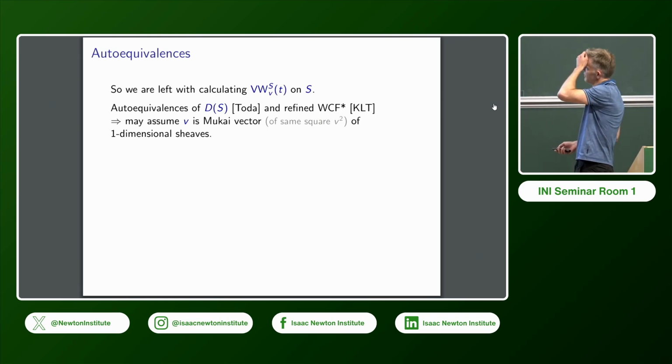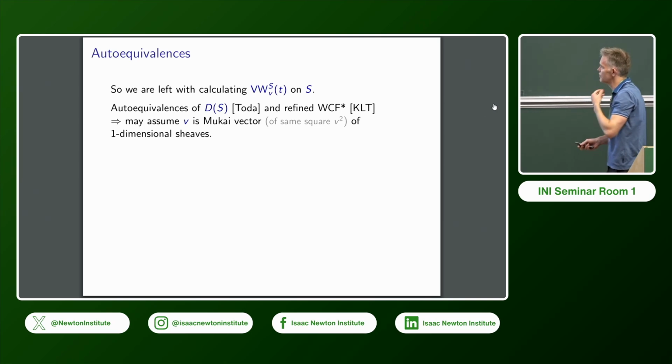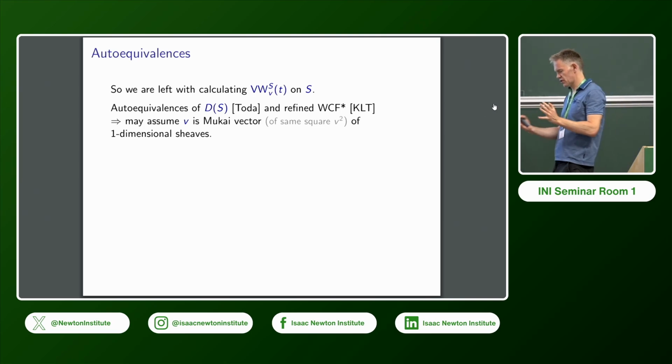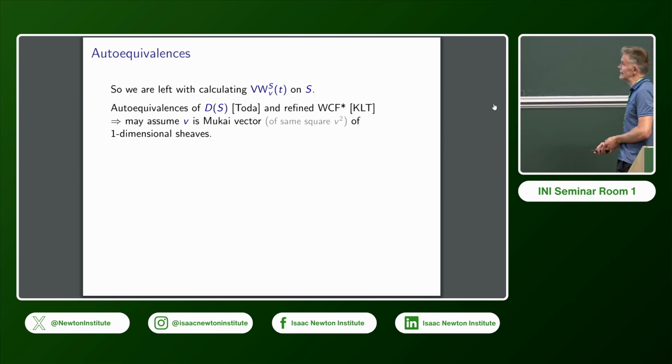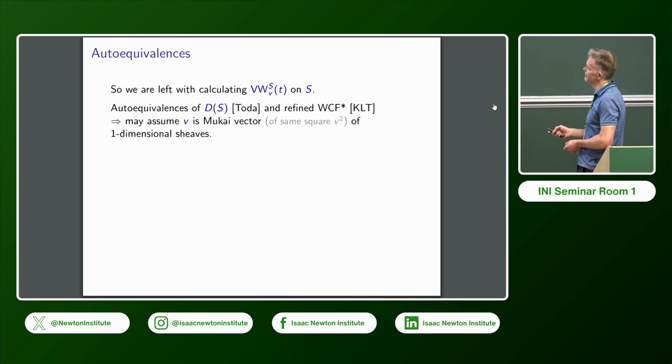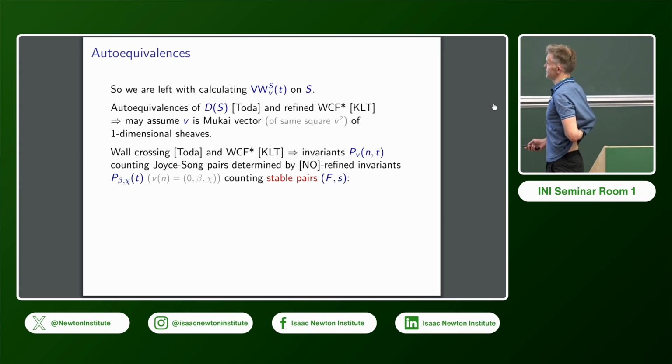So Toda did a lot of this work, and then the refined wall crossing formula, because as you do this autoequivalence, you mess up the stability condition, and you want to move back to a better stability condition. So this refined wall crossing formula then allows you to assume that actually your Mukai vector is the Mukai vector of a one-dimensional sheaf.